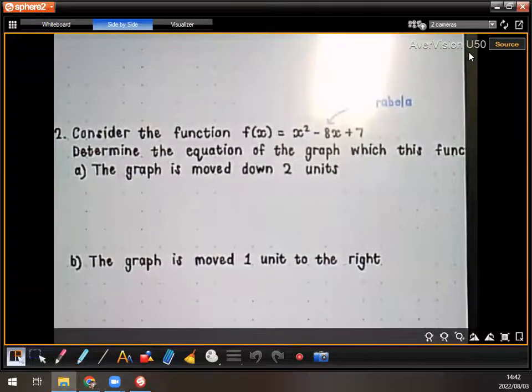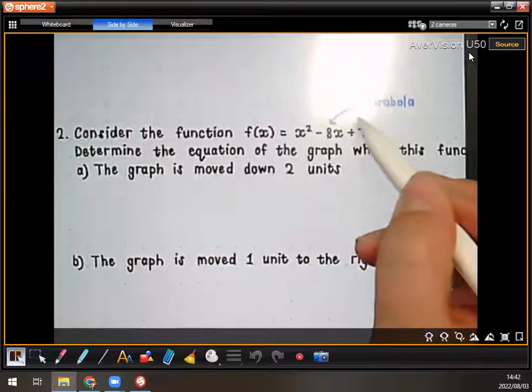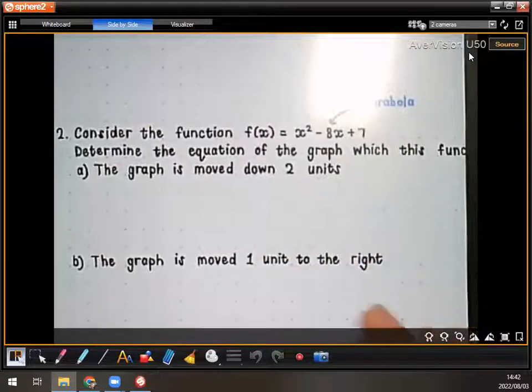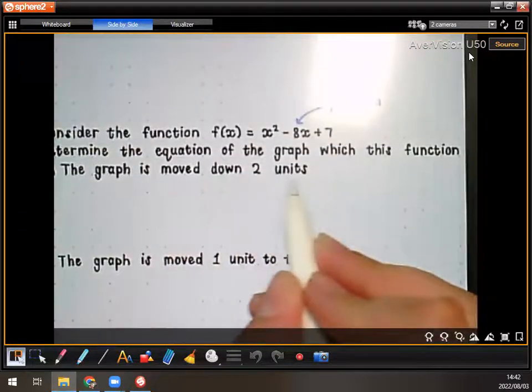Now guys, whenever you are moving down any graph, it can be a straight line, a parabola, a hyperbola, or an exponential graph, when you're moving the graph down or up, what changes is the constant term. Okay? I'm going to write that there. I'll write a note there.